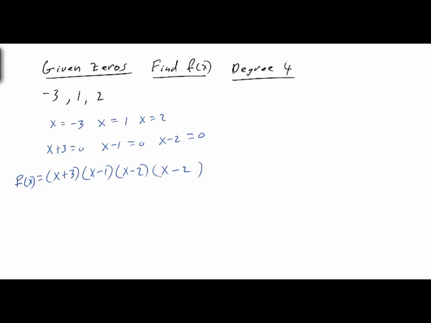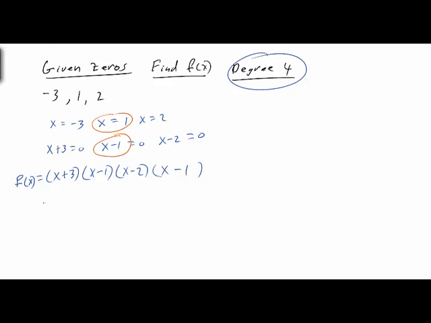It doesn't matter. It just says that we have to have a function with degree 4 that has these zeros. Just so that we have smaller numbers, I'm going to pick x minus 1 as my repeated zero, so I'm going to use x minus 1 again.